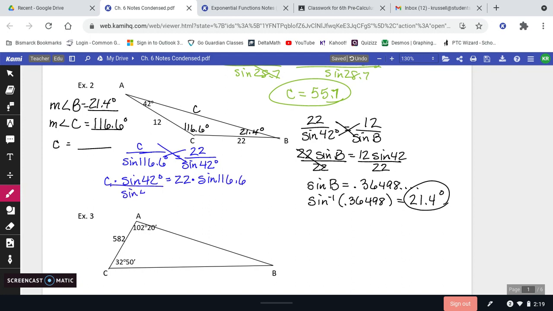Divide both sides by sine of 42. And again, I can put all that in my calculator, and C should be approximately 29.4.